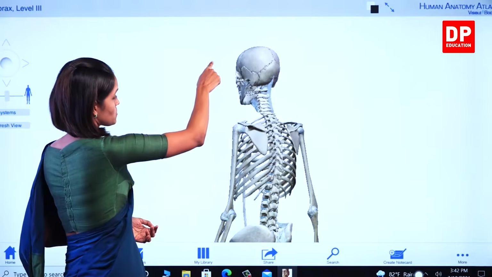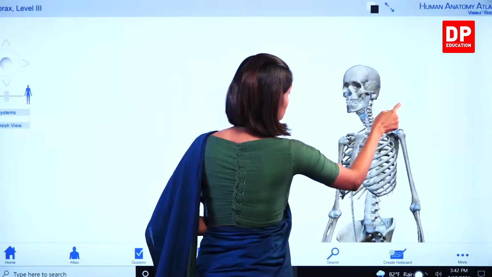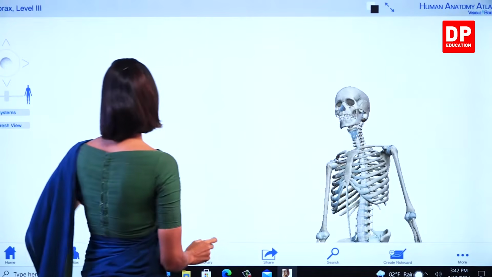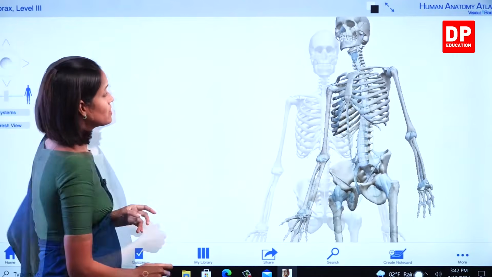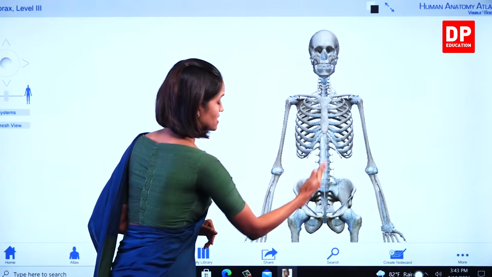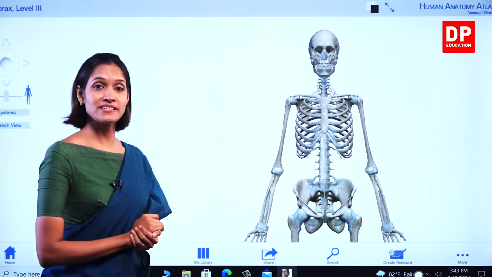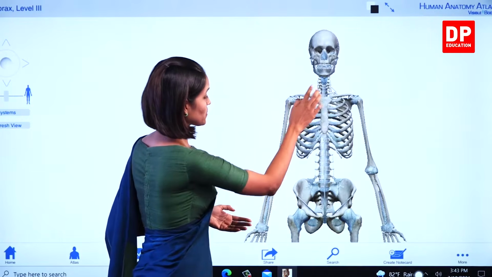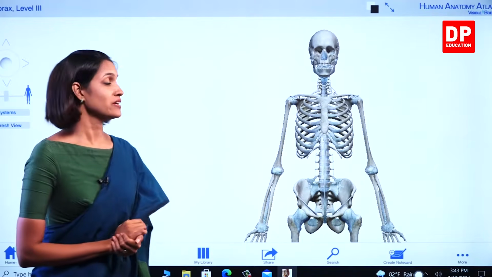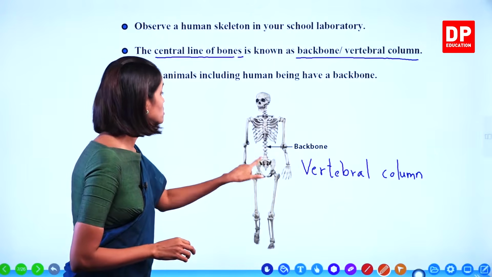Okay. So remember, most of the animals have this vertebral column. You can clearly see that this backbone is the center part and all the other parts are connected to this center part. Okay, children. So this is called the backbone. Right. So it was very clear how this vertebral column is made.